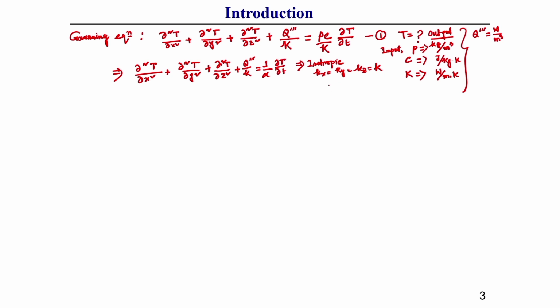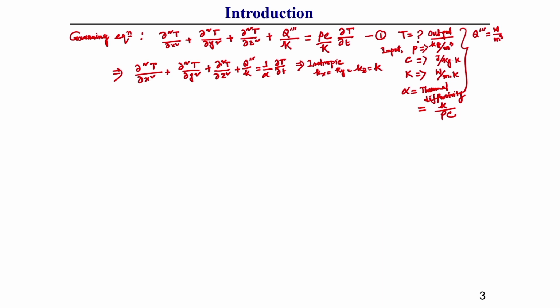This alpha is called thermal diffusivity. I have already discussed this; you should keep in mind that it is equal to K by rho C, which is why I have written 1 by alpha.